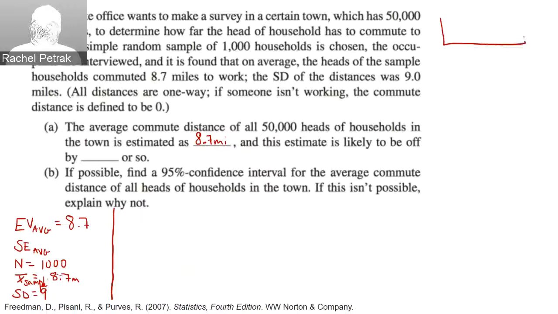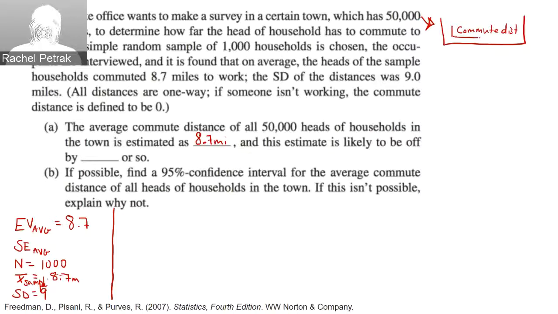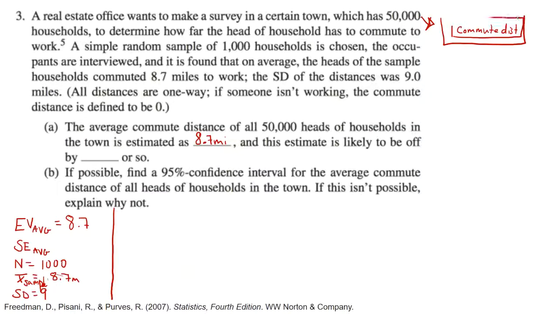Remember, this is a box with 50,000 tickets. And each ticket, in this case, shows the commute distance. This is not a simple box. That's why they gave us the standard deviation instead of using our shortcut.